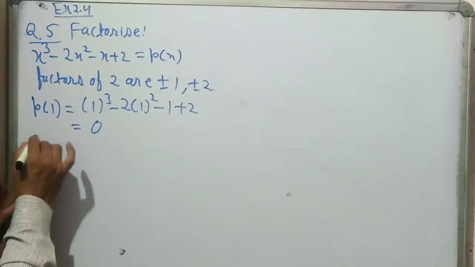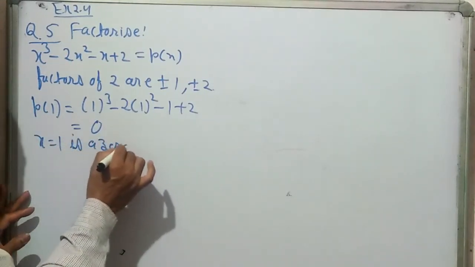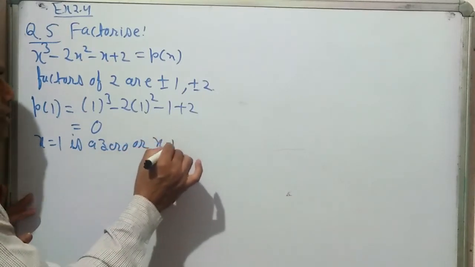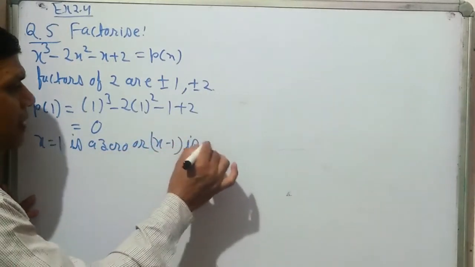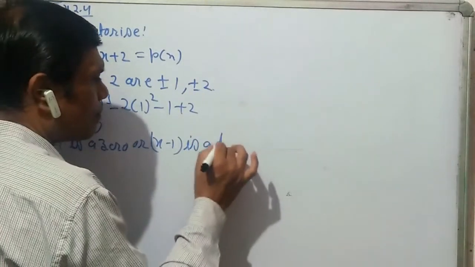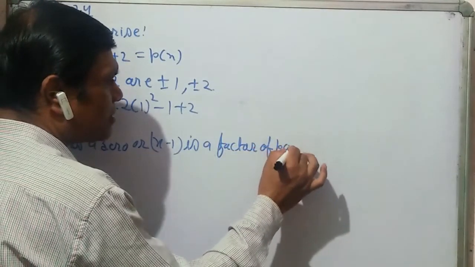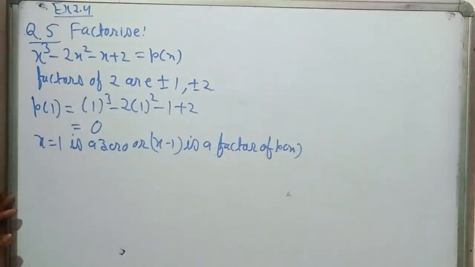That means x equals 1 is a zero, or x minus 1 is a factor of p(x). Now we have found one factor.